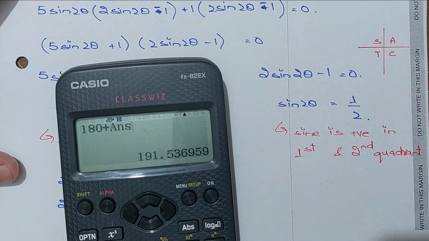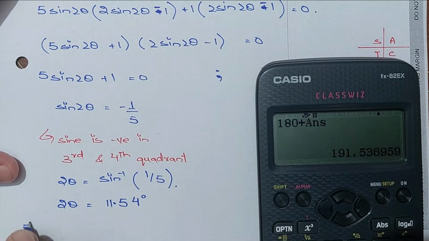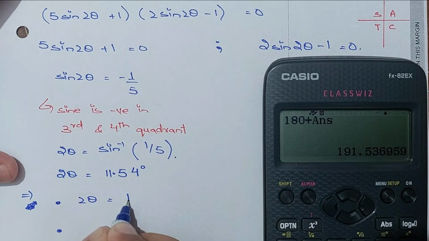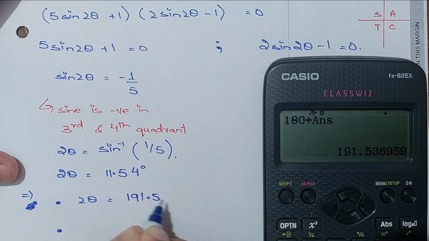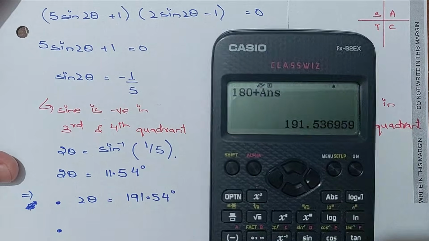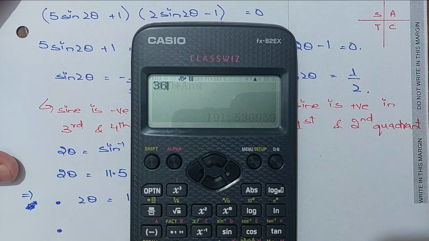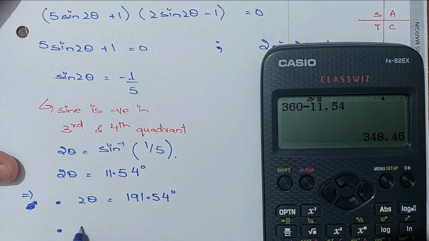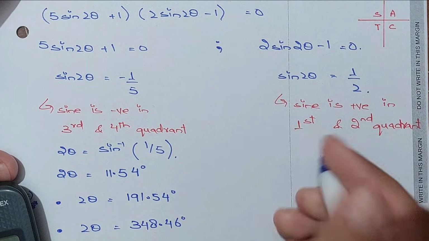So we have two solutions, for the third and for the fourth quadrant. For the third quadrant, 2 theta is 191.54 degrees. And for the fourth quadrant, we do 360 minus 11.54, which is 348.46 degrees.